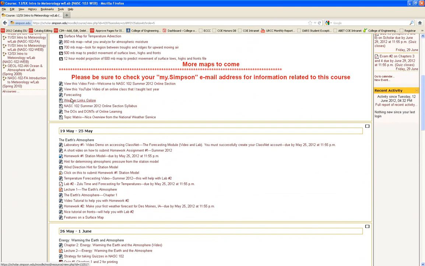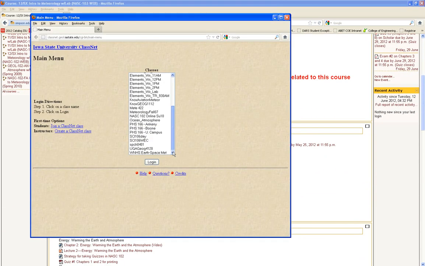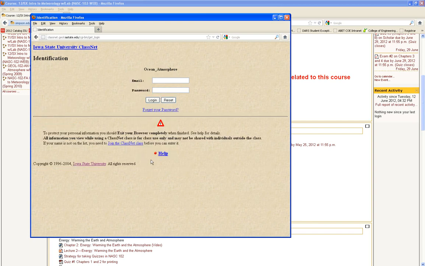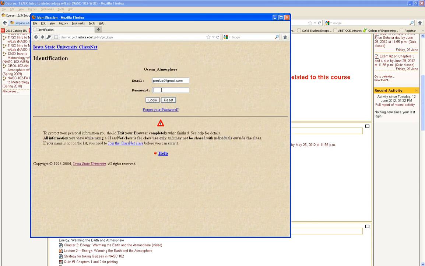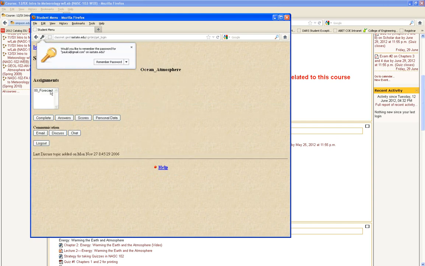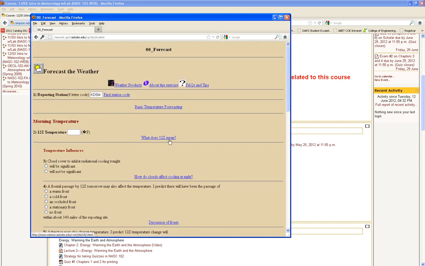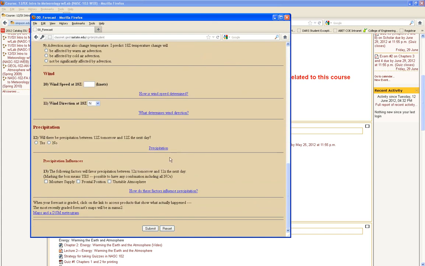Let me go up to forecasting here. If I go to question number 13, and we're talking about an unstable atmosphere will allow air to rise.